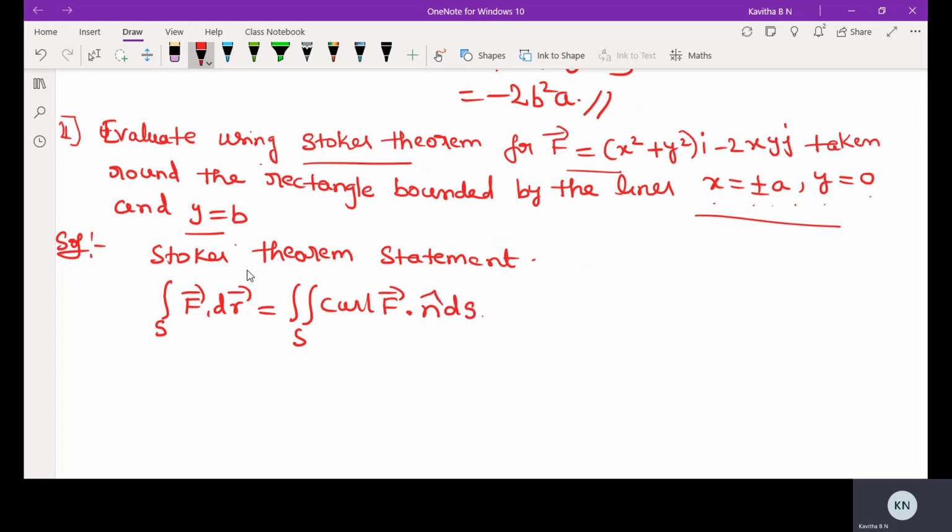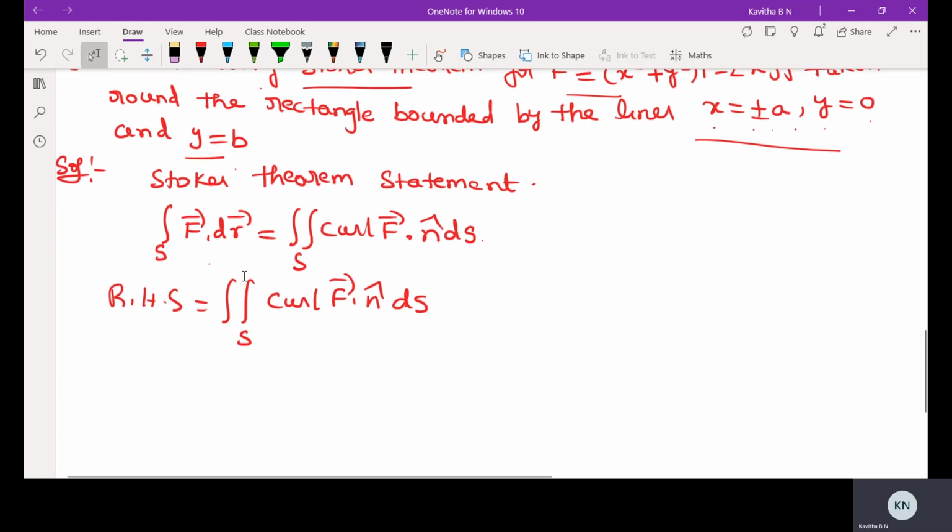Write the formula first. Evaluate means we need to find LHS or RHS. We will solve the RHS part only. RHS is equal to the integral over S of curl of f vector dot n cap ds.